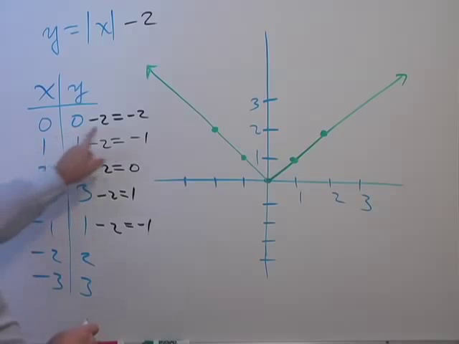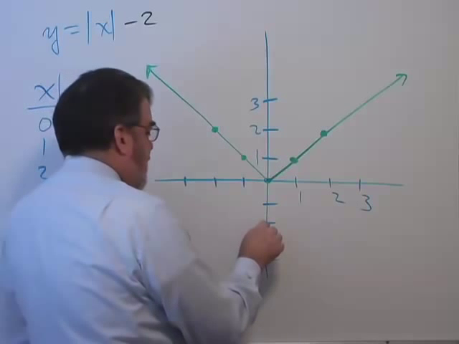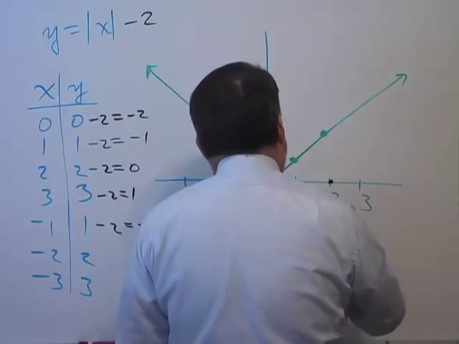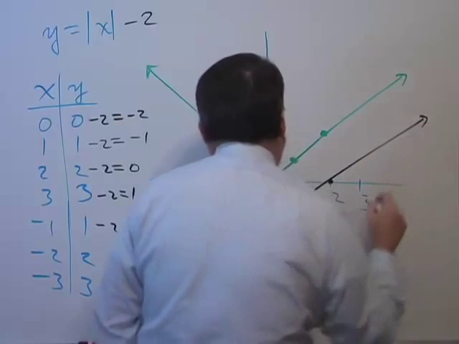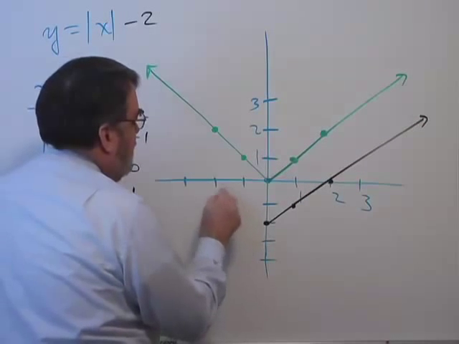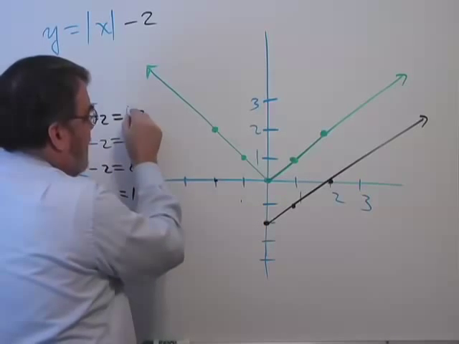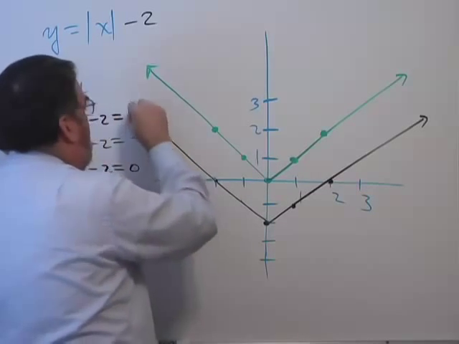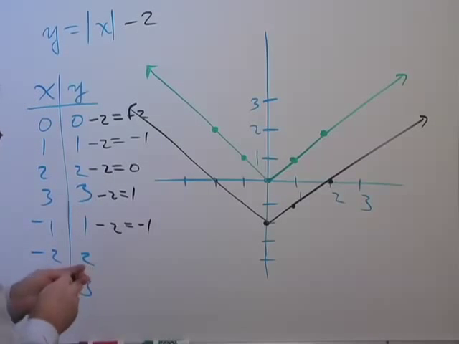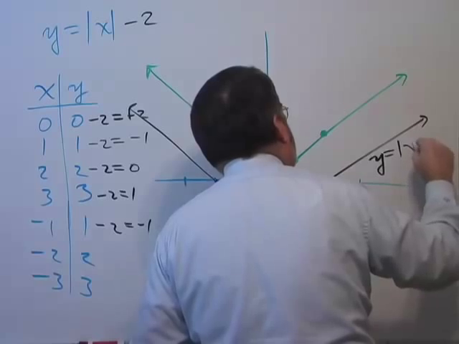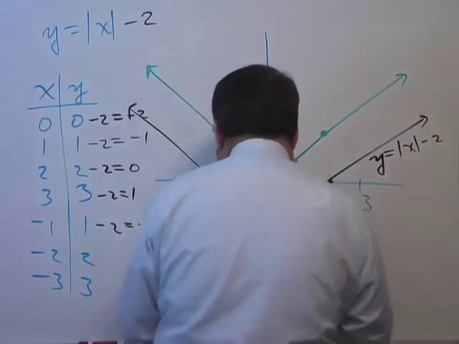And now if we plot that, here's what we're going to see. It's actually going to lower the function by 2 units. So let's see, it'll run about like this. There we go. Now let me mark this on here. This is y equals absolute value of x minus 2.